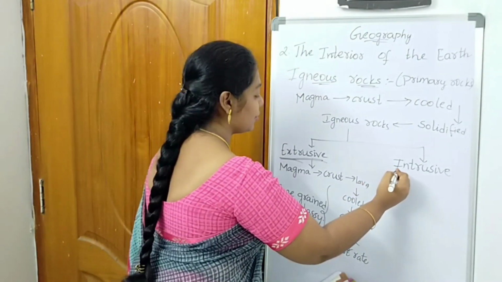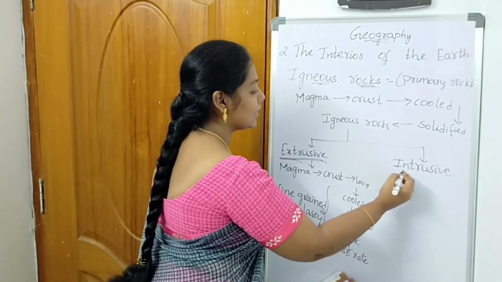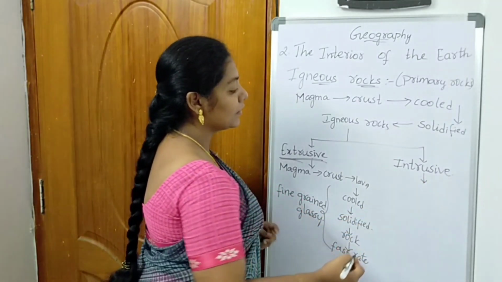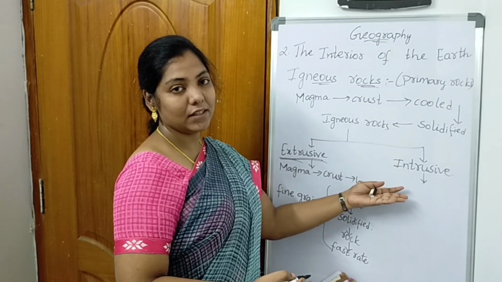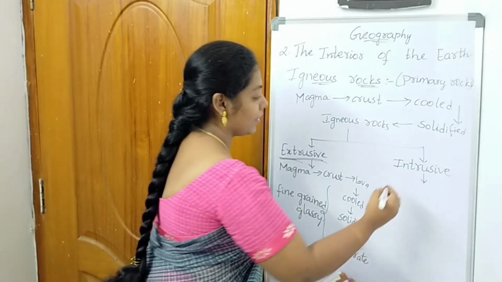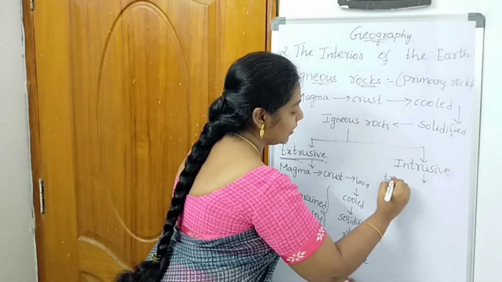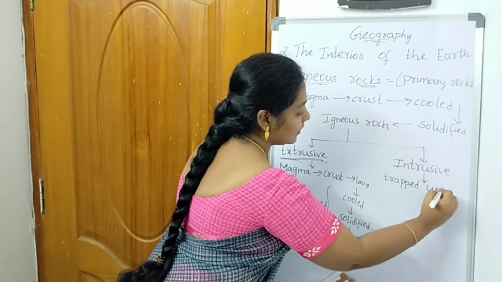Now let us see intrusive. The name itself you can understand, it is happening internally. So what is happening here? The magma has not come up to the crust, but it is trapped under the earth's crust.